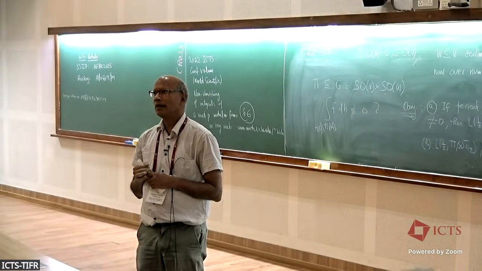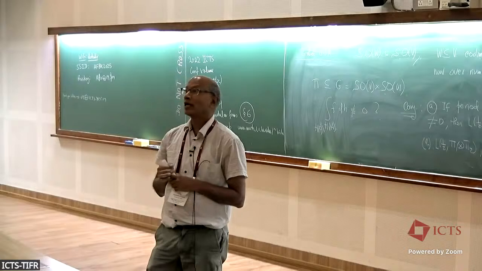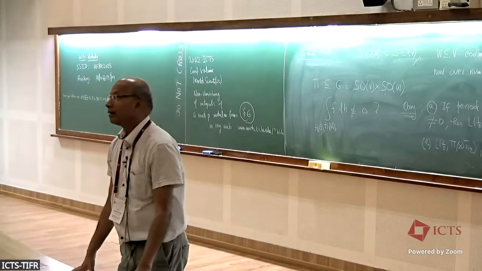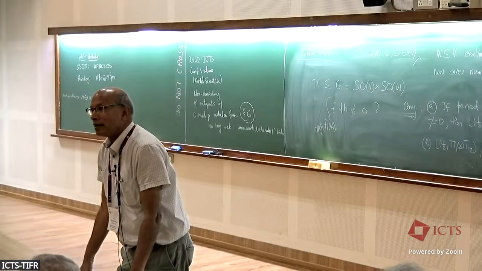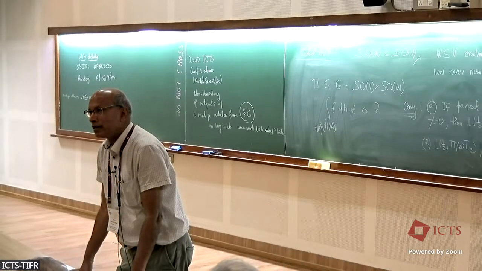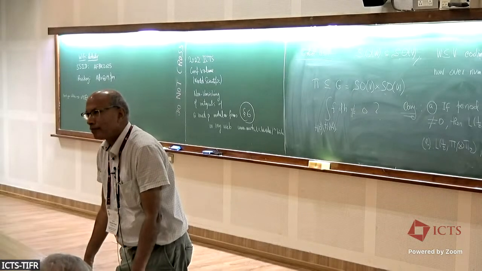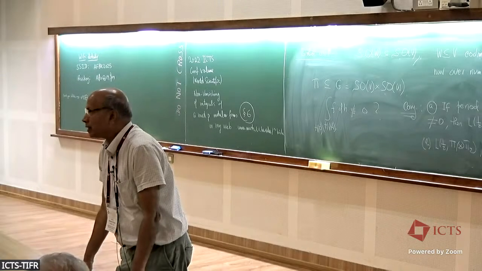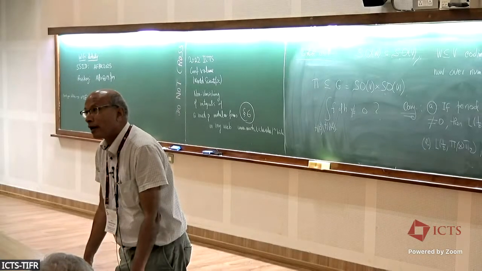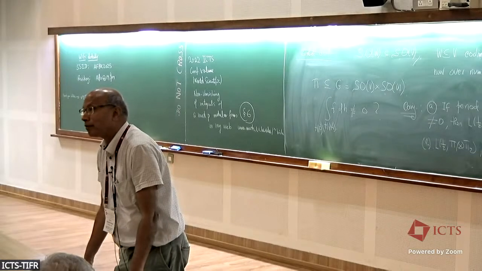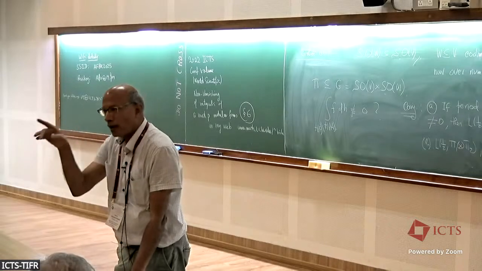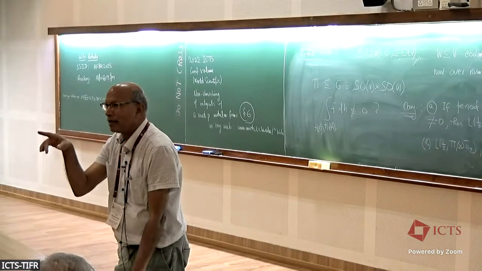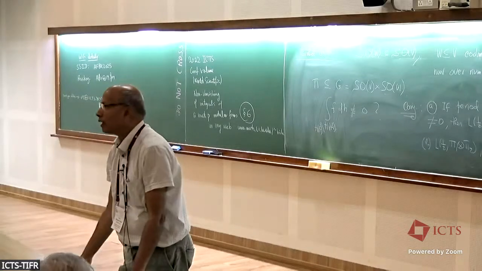So if you are given a global group G and characters of the component group chi v, then Arthur's conjecture says when these chi v's give rise to an automorphic form. And the statement is that this product of chi v, which is a character on the product of the local component groups, there is a global component group which maps to that, and this character should be trivial on the global component group.